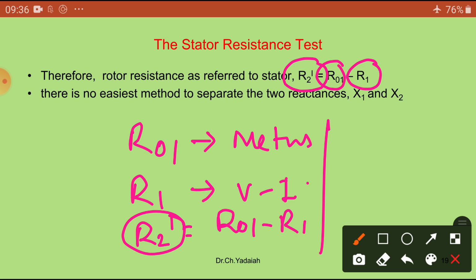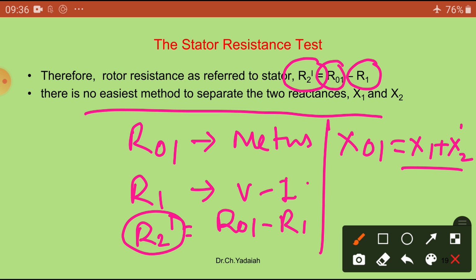Whereas similarly, I require X naught 1 equal to X1 plus X2 dash. Here there is no separate method to find the reactance values. So that is why I can take X1 equal to X2 dash approximately for calculation purposes.